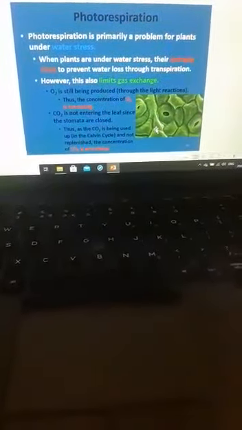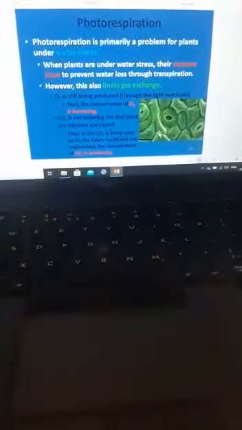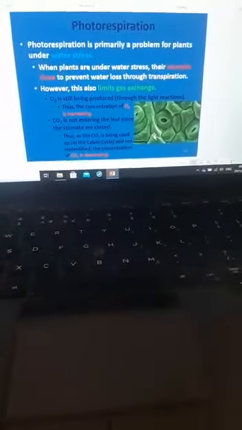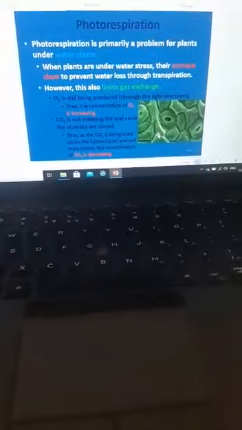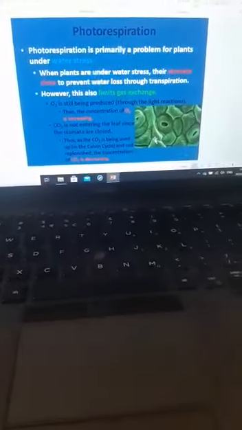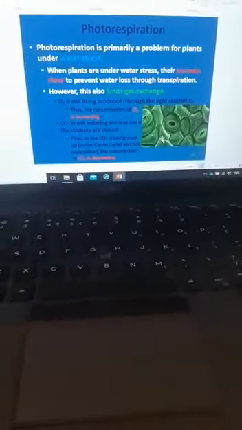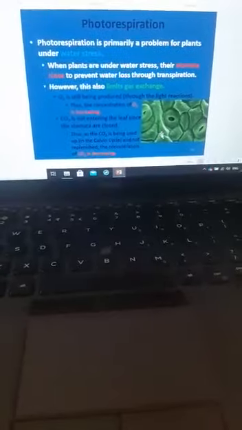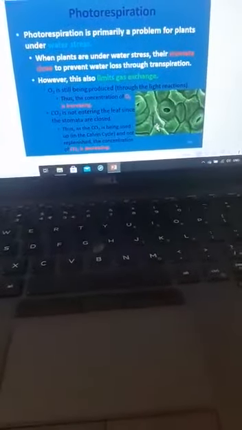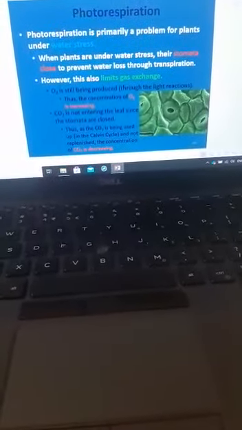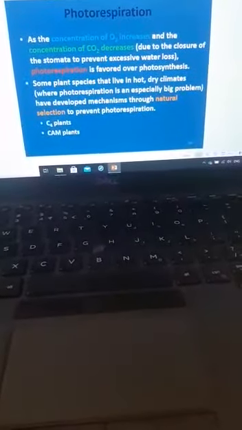And if they fix all of the CO2 that is inside the leaf, then there will be no CO2 left. There will be no more glucose being formed. And plants must open their stomata to get more.